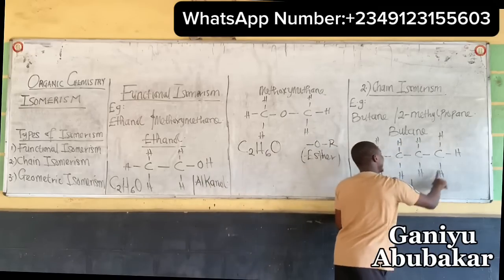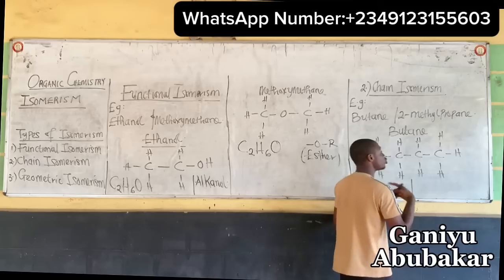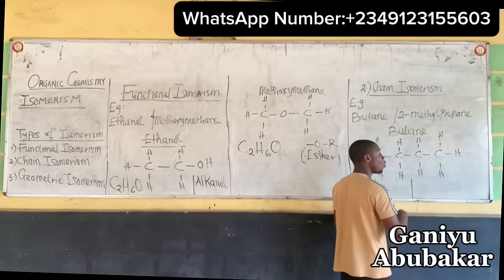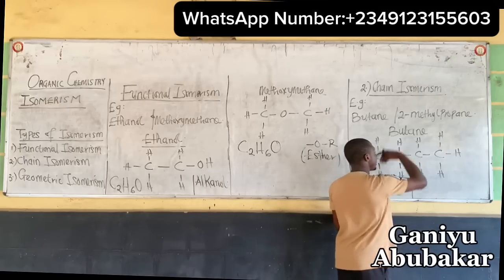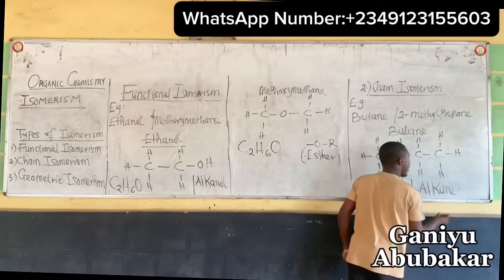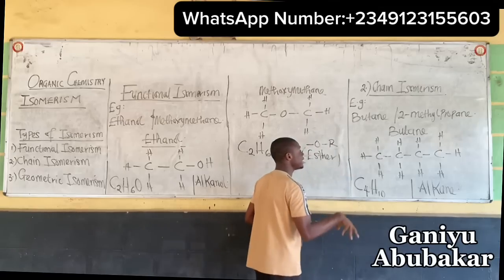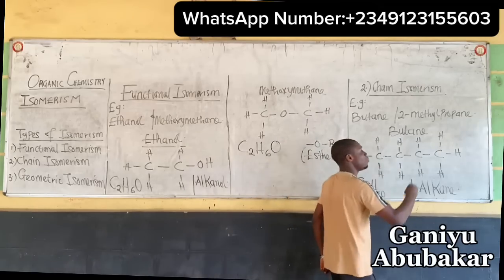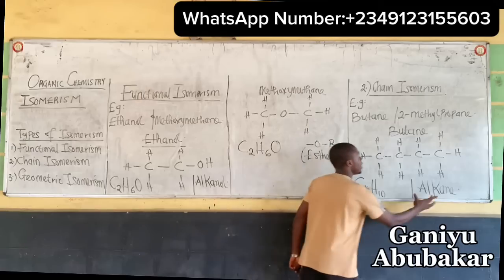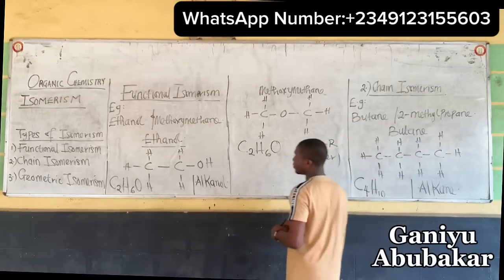These are all single bonds, and such carbon atoms signify a functional group called alkane. Why? Because I'm having a single bond all through. So for butane, the molecular formula is C4H10 and the functional group is an alkane. Let's consider 2-methyl propane.